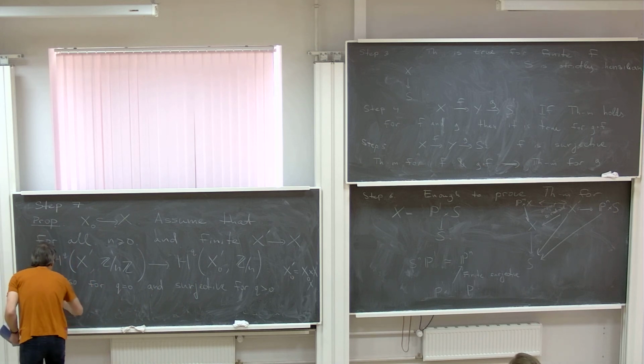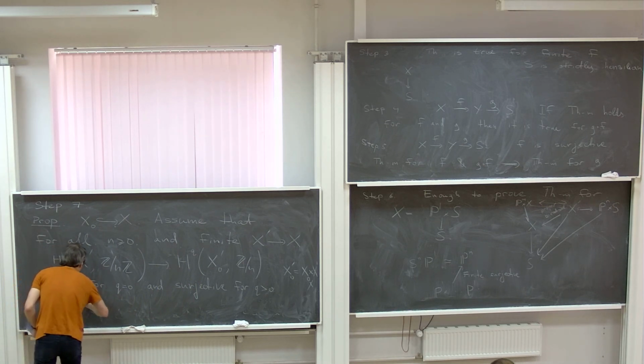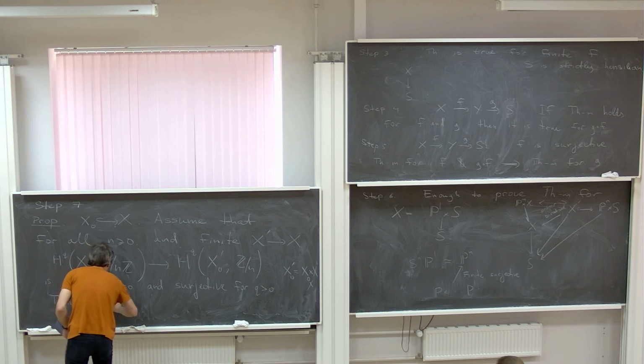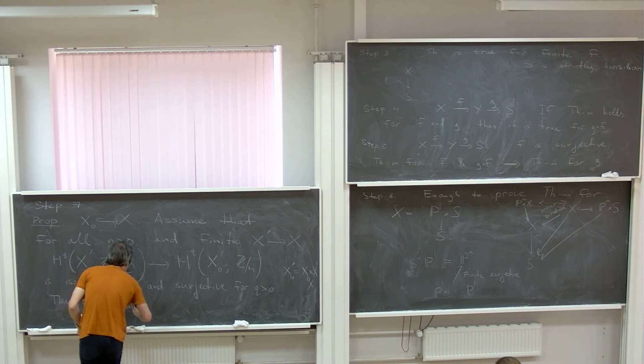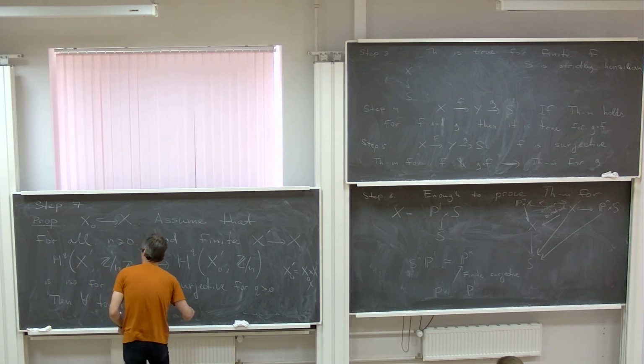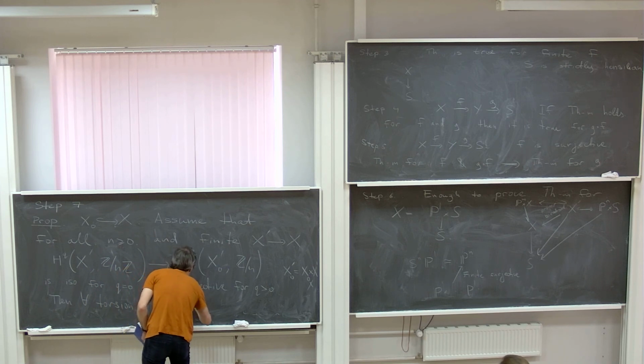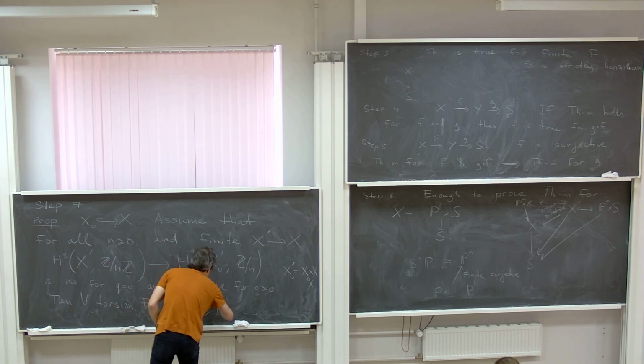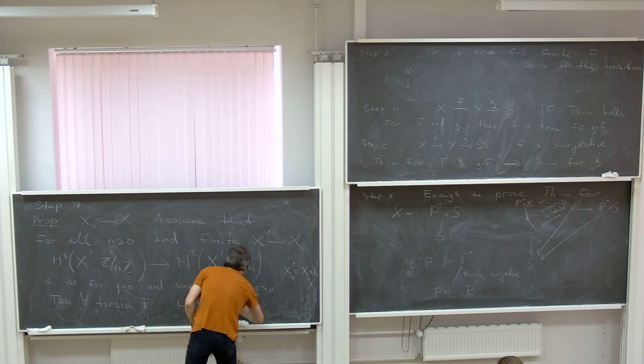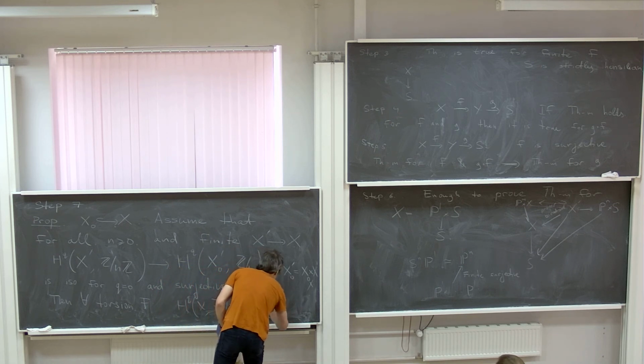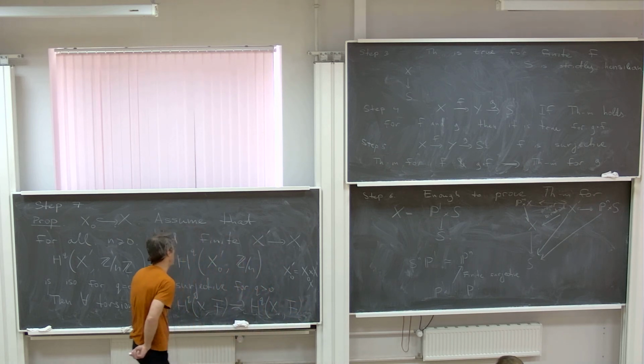Then for all torsion sheaves F, the restriction map from H^q of X with F is an isomorphism. Okay?